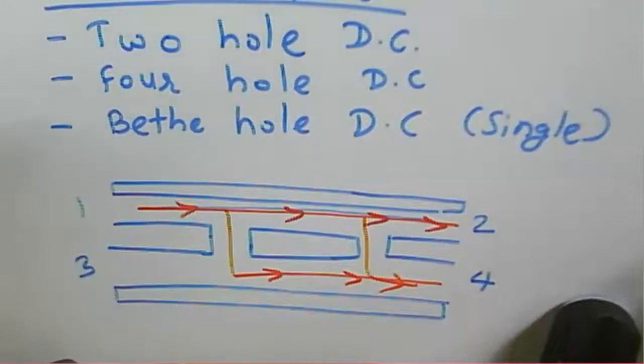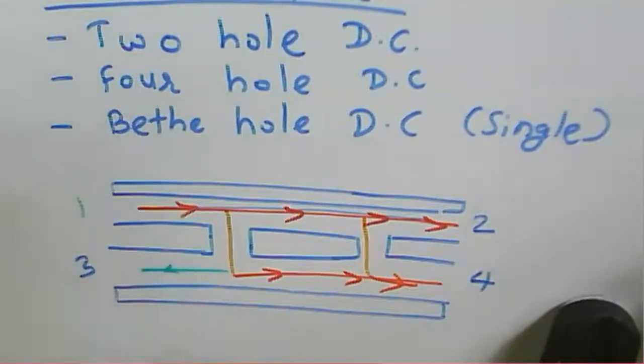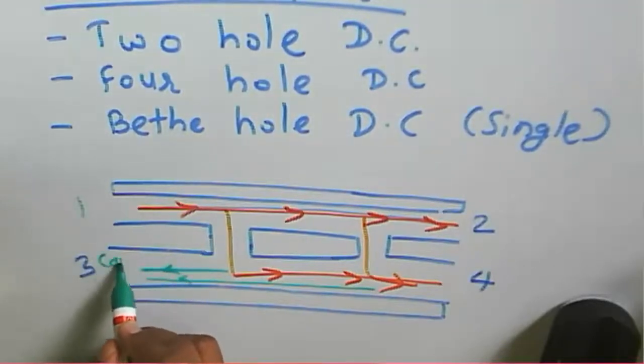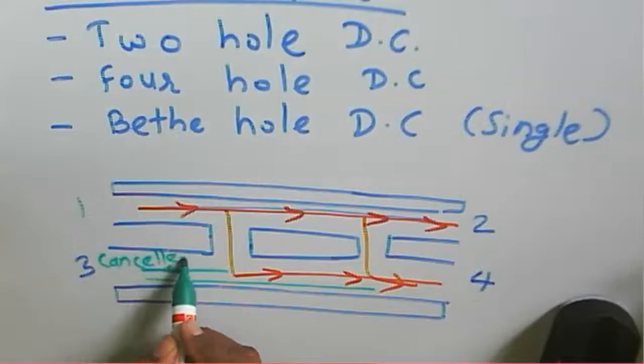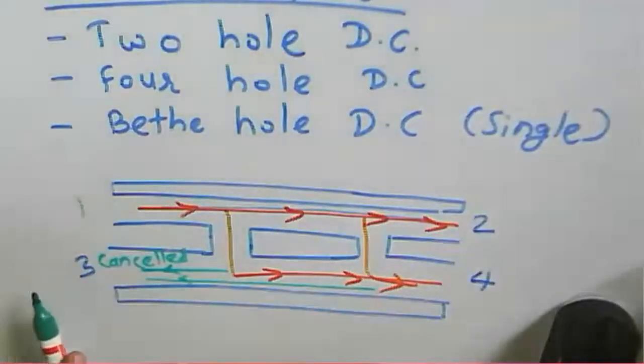But what happens when it reaches port 3? It will come here and through this again come here. There will be cancellation, so at this particular port 3 the power will be cancelled out.